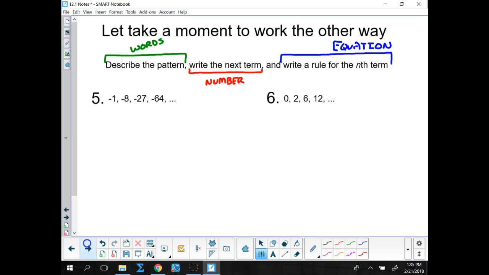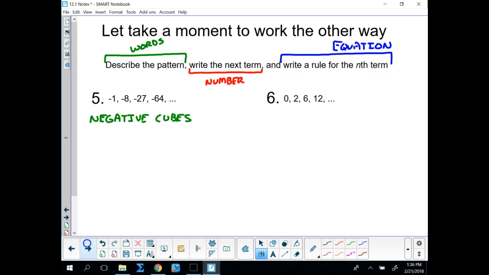So first off, number 5. Describe the pattern in words. Well, I would say that the pattern here is that these are the negative cubes. One cubed is 1, then it's negated. 2 cubed is 8, then it's negated.